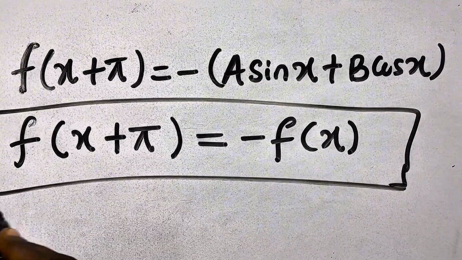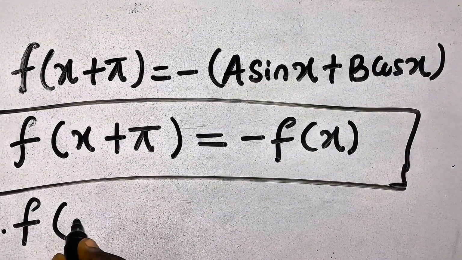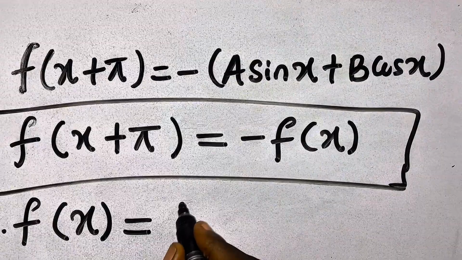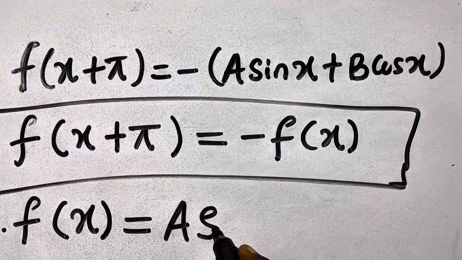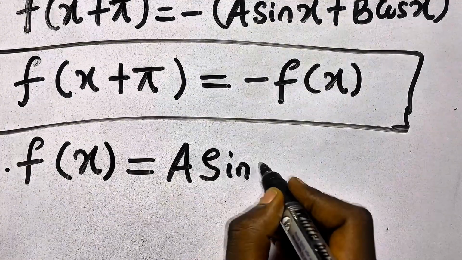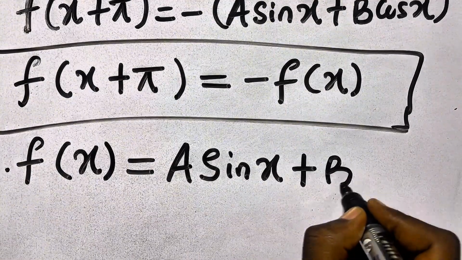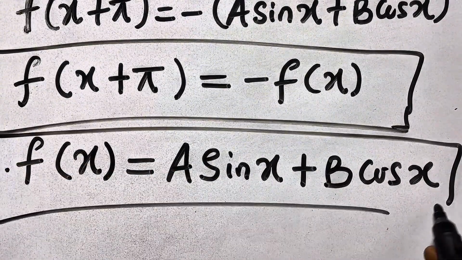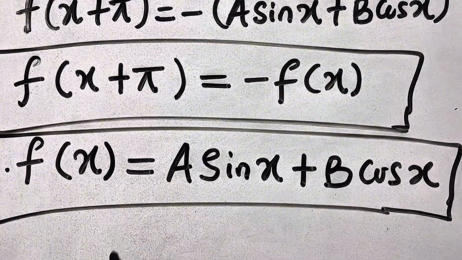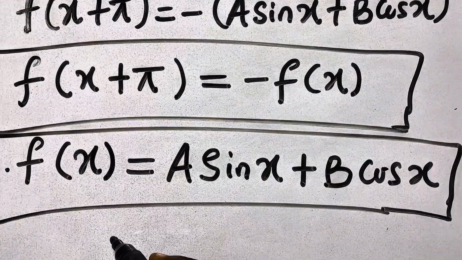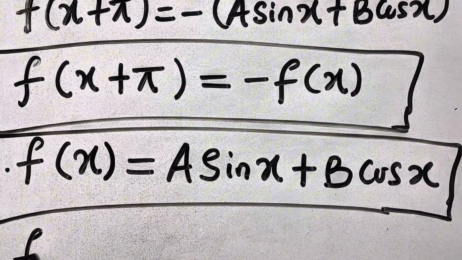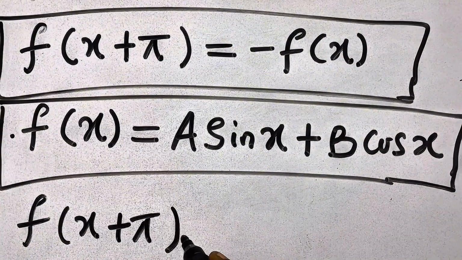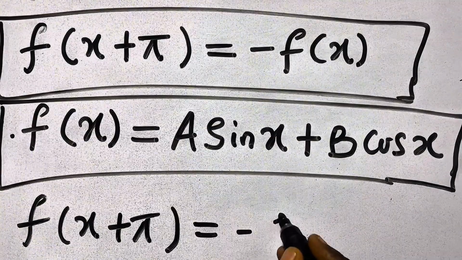However, let me do something here. You can also leave your answer as f of x. Since we are asked to find f of x, we can leave it as a sine x plus b cos x. So this is one of the reasons why I said this particular function is very interesting, because if you remember from the given function, f of x plus pi equals minus f of x.